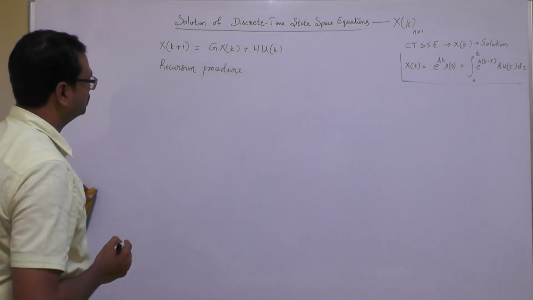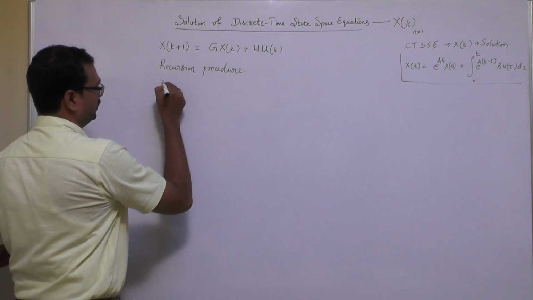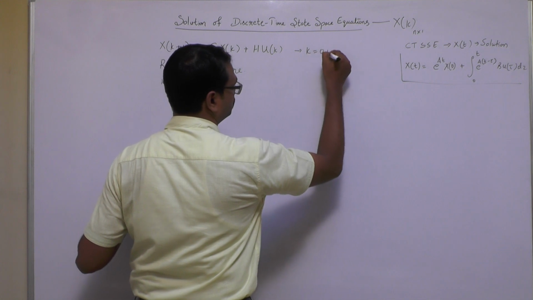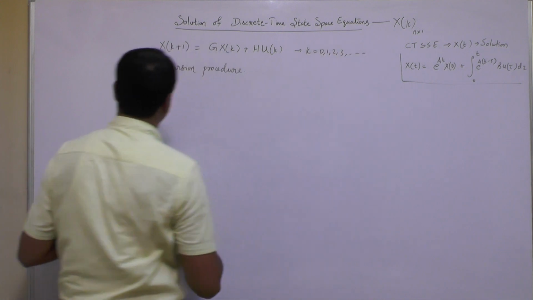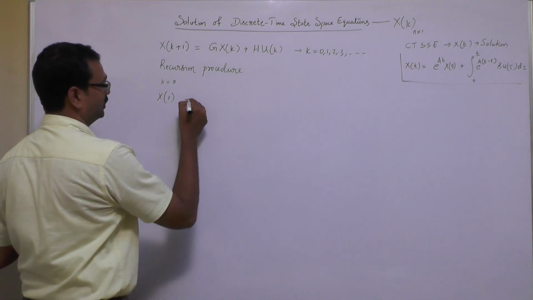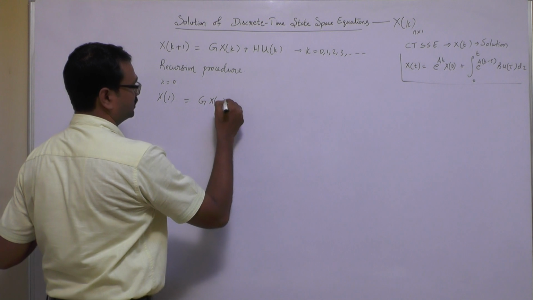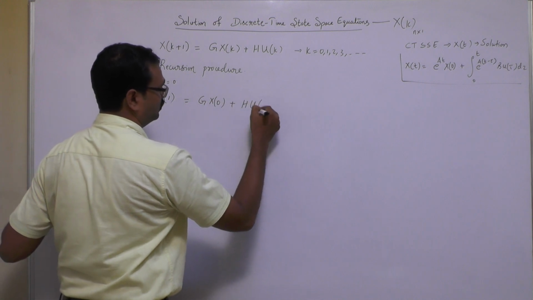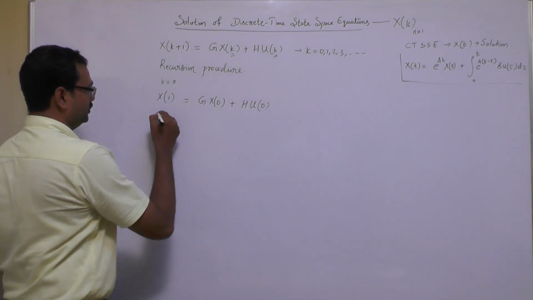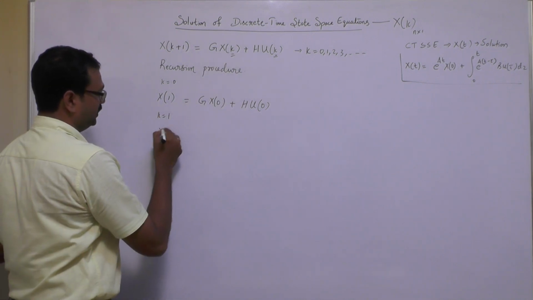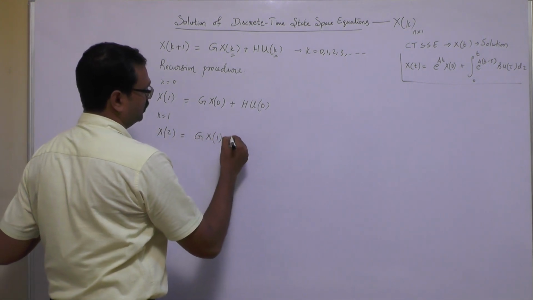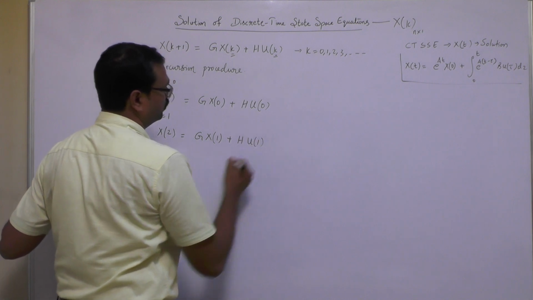Now what does this recursion procedure say? This holds for k from 0, 1, 2, 3, and so on. When k is equal to 0, x(1) is equal to G x(0) plus H u(0). When you replace k with 1, I have x(2) is equal to G x(1) plus H u(1).